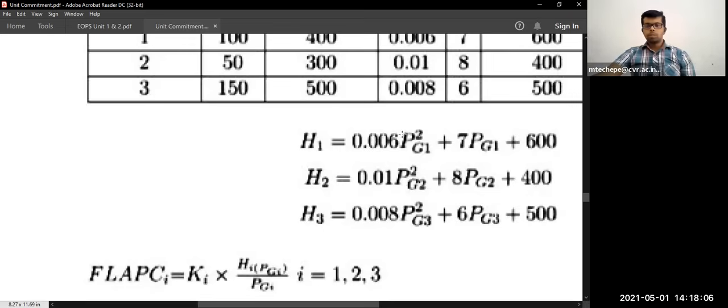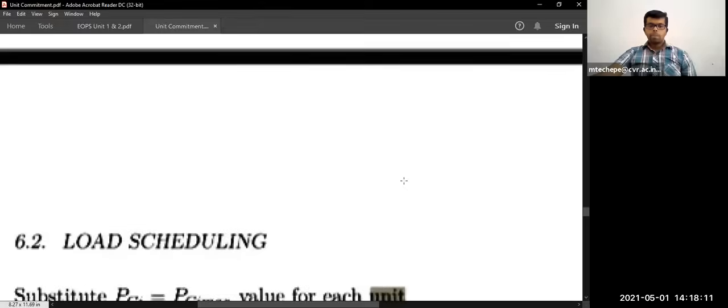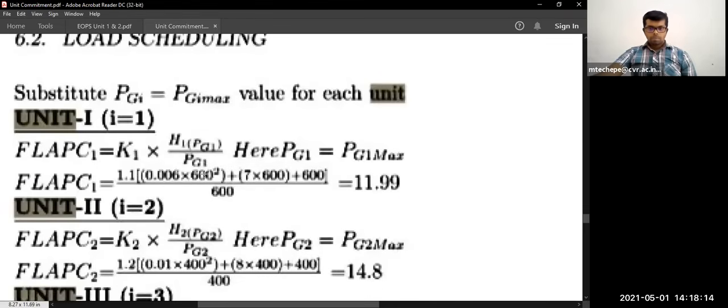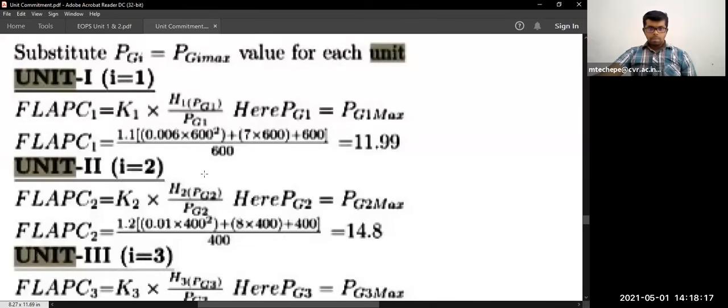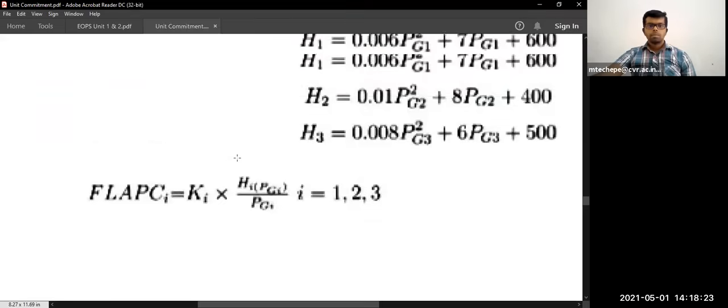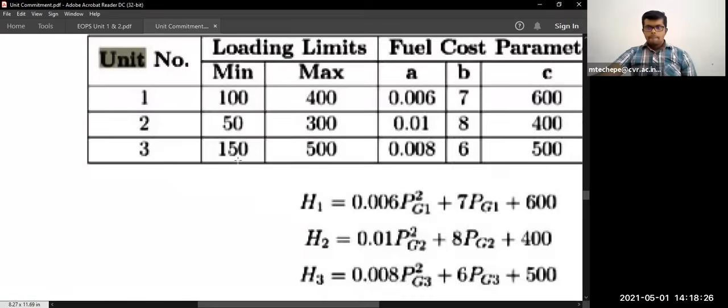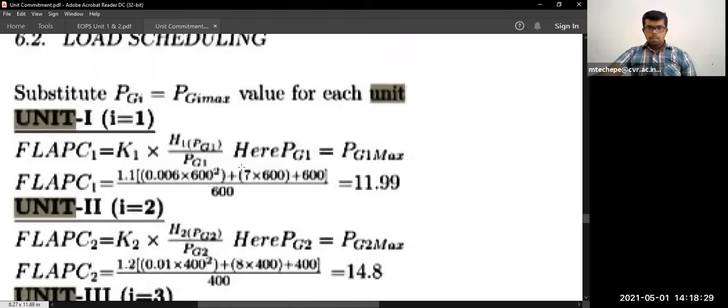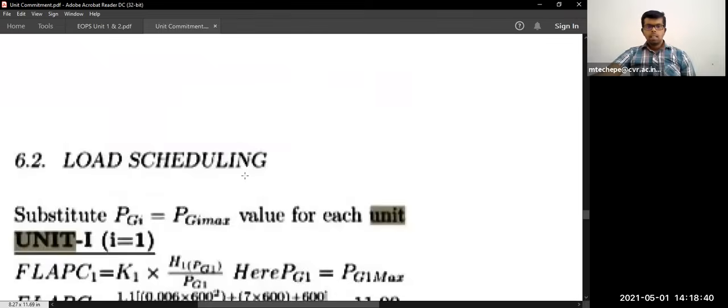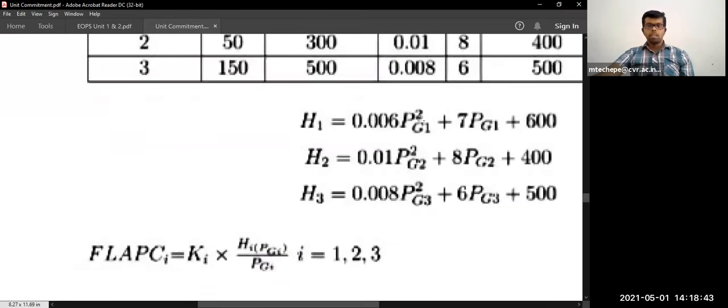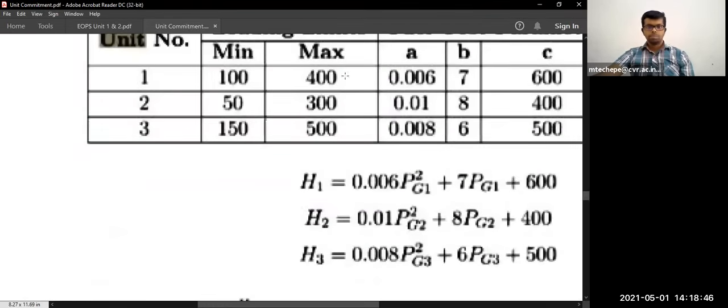So here we have to substitute PG1 is equal to 400 megawatt. While substituting, it was substituted as 600 megawatt. Sorry, some mistake happened here. Here it is 600 only, the constant term. Sorry, PG1 squared is 400 only.